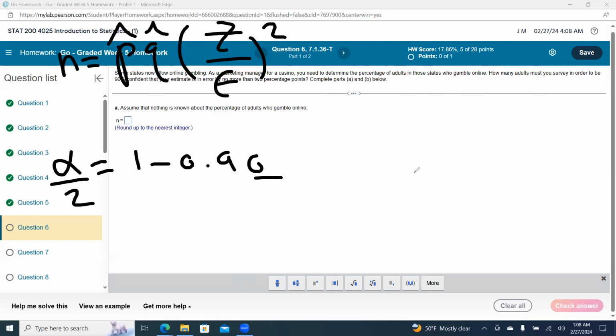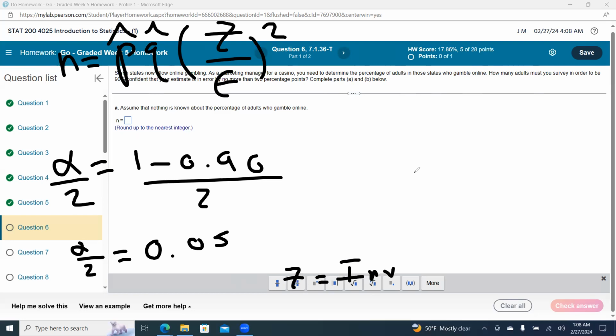Alpha divided by 2 equals 0.05. That's what that's going to be. So we always do that z first. The z is going to be inverse norm of 0.05, which is what?